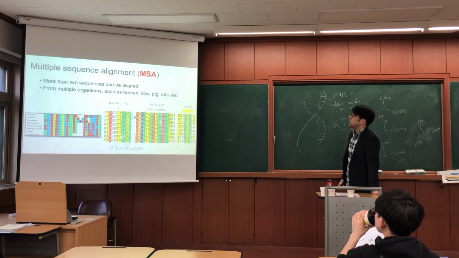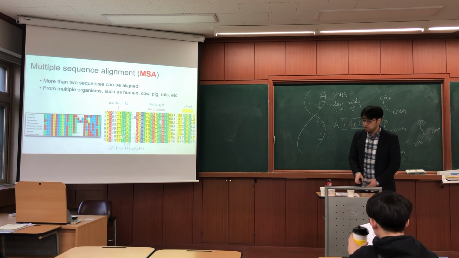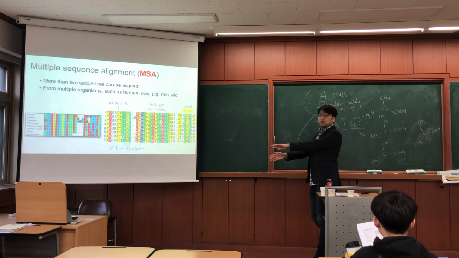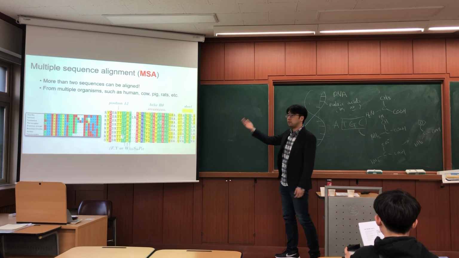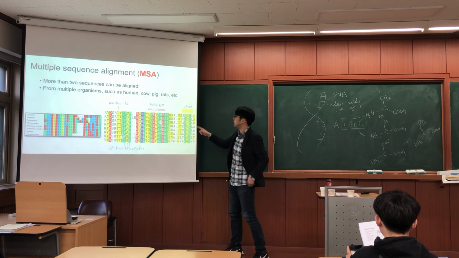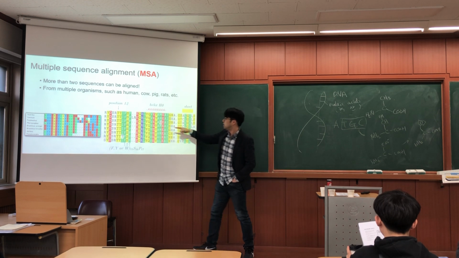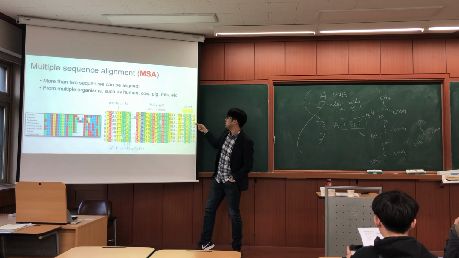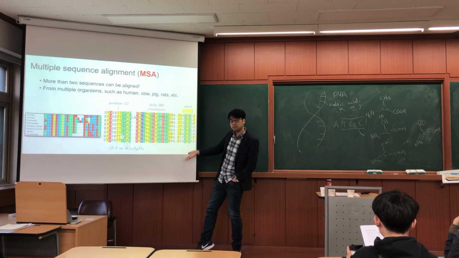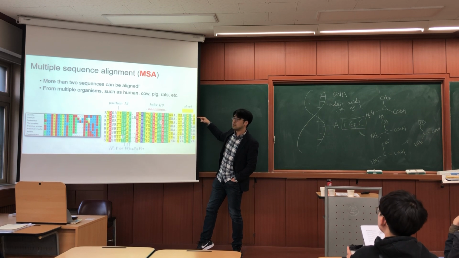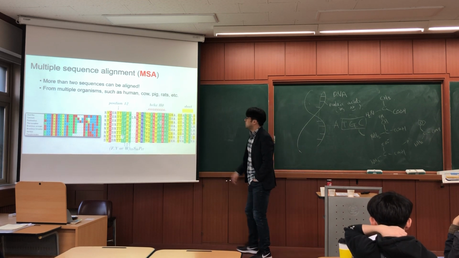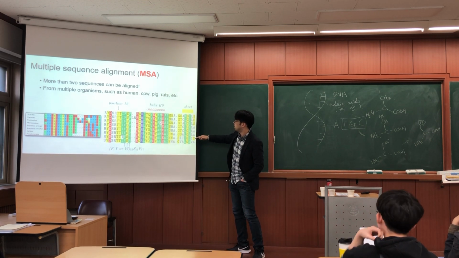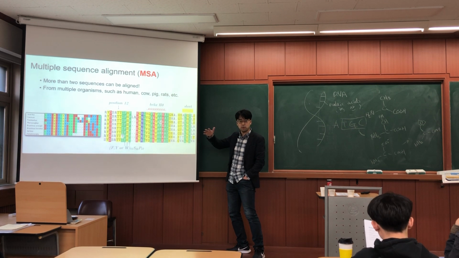And multiple sequence alignment is when we can do this kind of alignment with more than two sequences. In the example, we showed the alignment of two, but we can do multiples. All these sequences are similar, but they are different, yet we can align them like this. All these sequences generally come from different organisms.